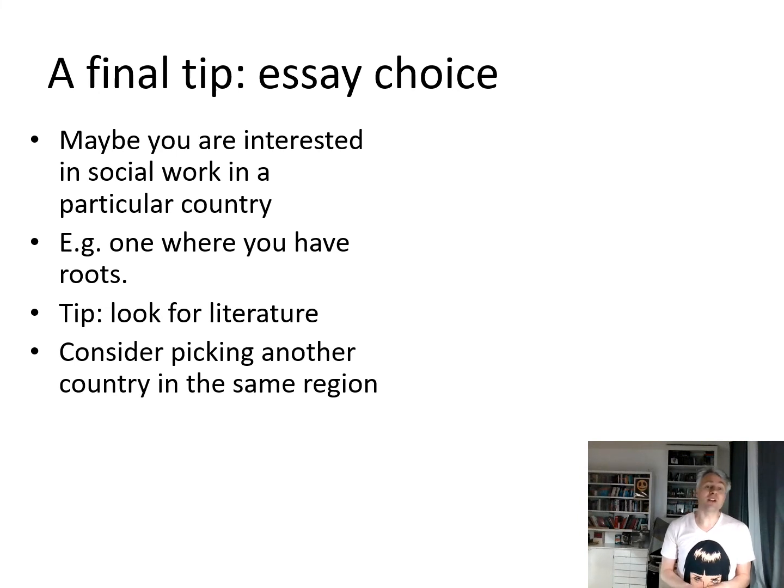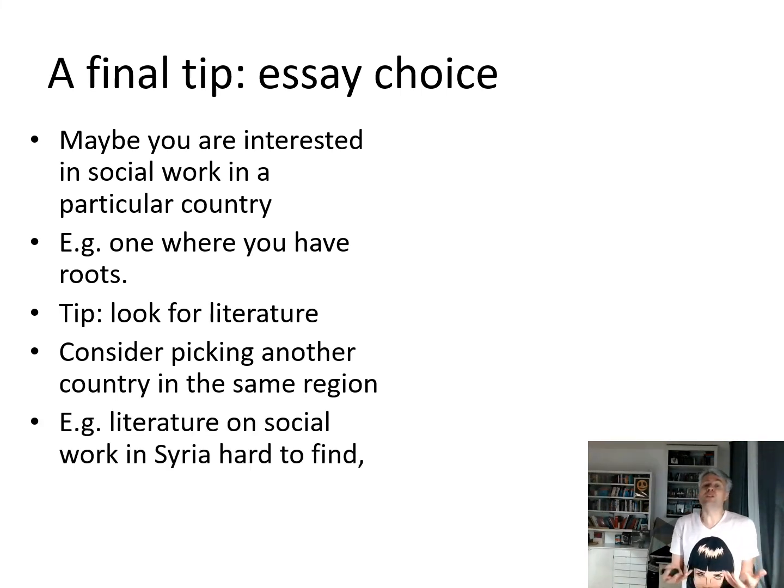Consider picking another country in the same region. Okay, so you have an Estonian parent, but you grew up in the US. Obviously, you're interested in Estonian social work, but if you can't find any material on it in English, feel free to consider Lithuanian or Latvian social work instead. And there's another obvious example. If you're interested in the history of social work in Syria, there may be a real lack of literature on that.